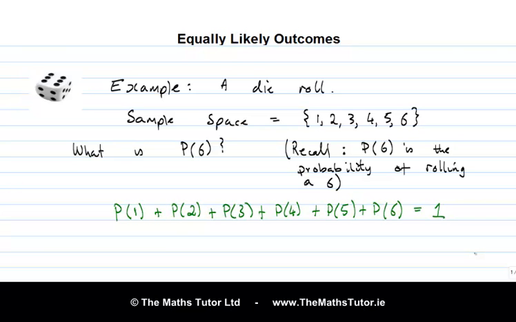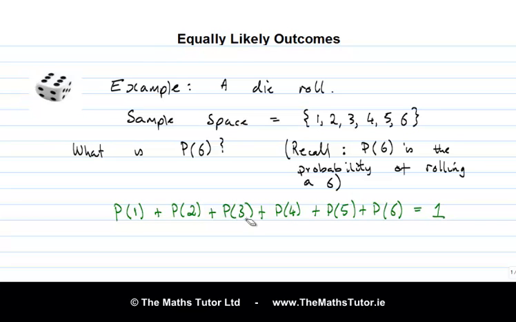The probability of a 1 plus the probability of a 2 plus the probability of 3 plus probability of 4 plus probability of 5 plus probability of 6 equals 1. The sum of all the probabilities of the outcomes is 1. Okay, well that doesn't get us there yet because unfortunately all of these probabilities are unknown as yet. So we just have one equation and we have at the moment 6 unknowns.